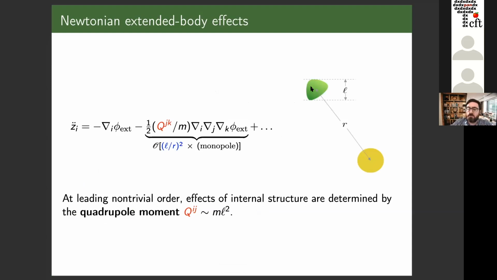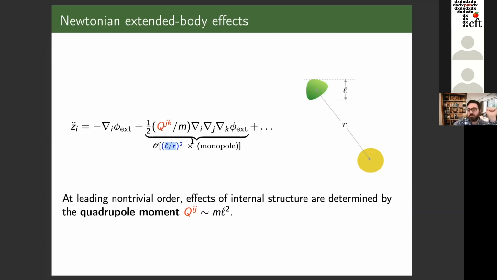So if you have your orbiting body out here, again, this green blob, and you say, let's say you're orbiting around the sun over here, your distance r from the sun, your green blob is of size of order L. So these extra effects here turn out to be of order, basically the ratio of these length scales: how large is the object compared to how far away is it from other things, quantity squared.